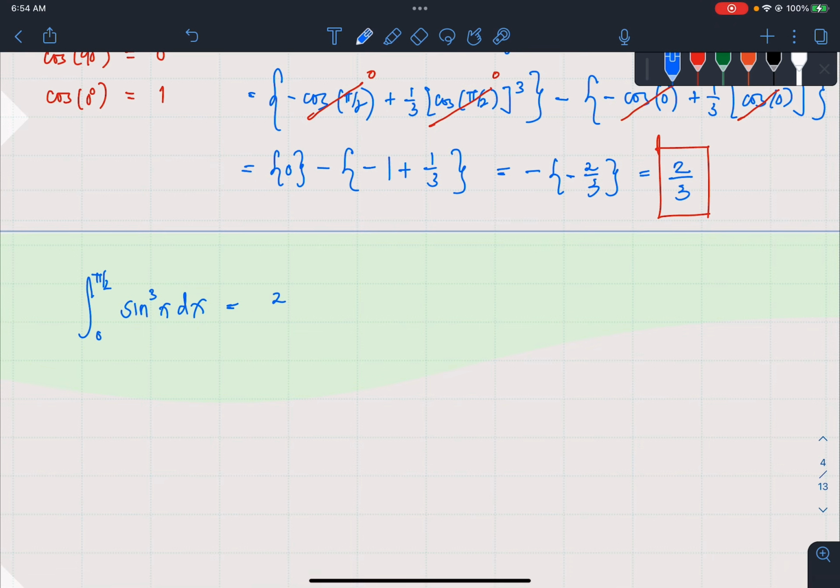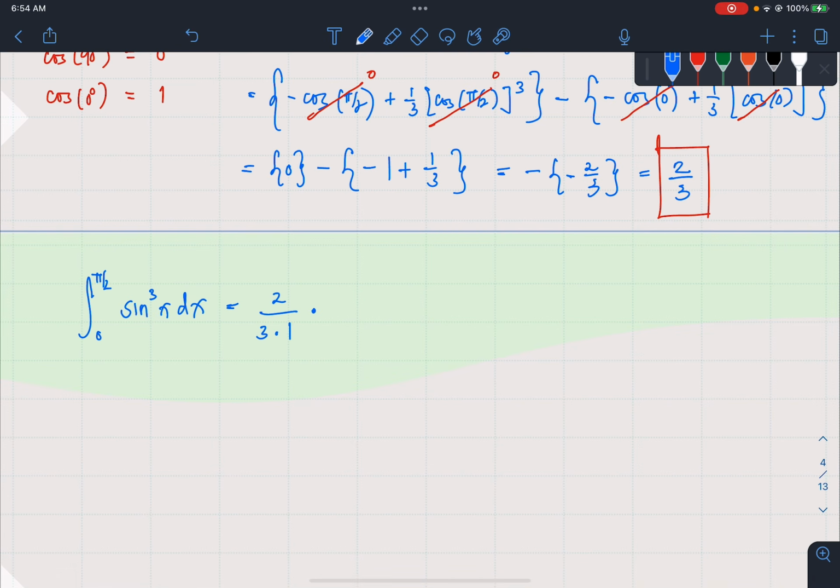And then we end up there, okay? Since the last number should either be a 2 or a 1. And for the denominator, supposedly it should be a sum of m and n. But in this case, we don't have cosine, so we're assuming that the power of cosine will be 0. So 3 plus 0, that's 3. We'll start with 3, then minus 2, so that will be 1.